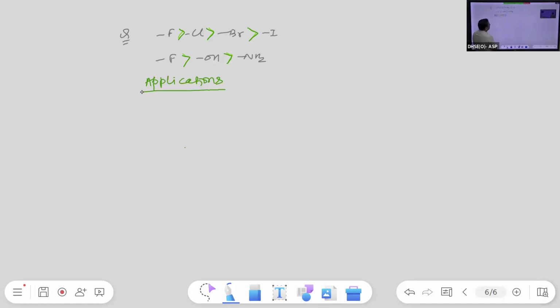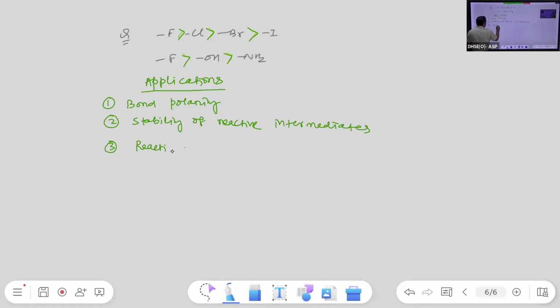So applications are, first, bond polarity. Second is the stability of reactive intermediates. Third is reactivity of haloalkane, you will read this in the haloalkane haloarene chapter.